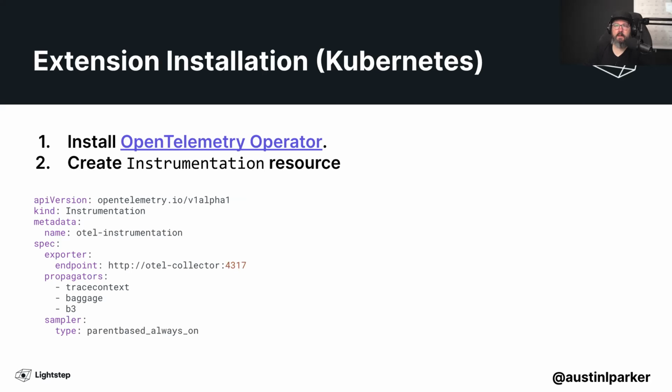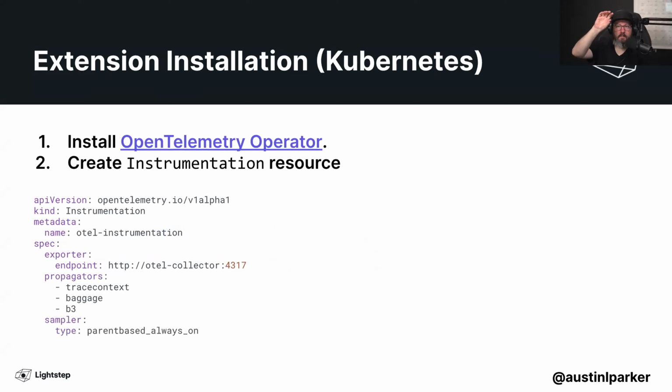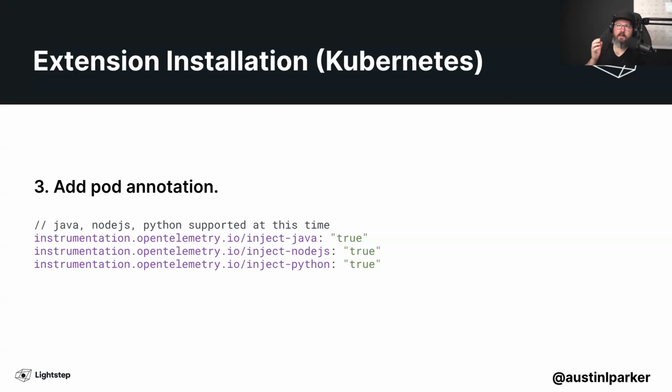It will also let you add instrumentation custom resources. So an instrumentation custom resource tells it, here's what you export to, what propagator you want to use. It configures these options. And then you can annotate a pod and say, inject the Java agent, inject the Node.js agent, inject the Python agent.